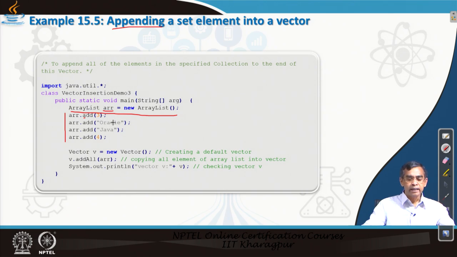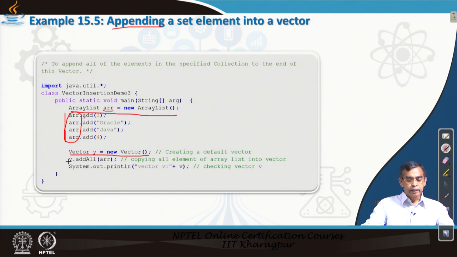Here these are the simple add methods that we can apply to the ArrayList collection. So we add 3, Oracle, Java, 4, so the ArrayList collection ARR is loaded here. Now we want to create a vector V. We initialize the vector with the default vector constructor. Initially the size is 10 and we do not have any elements right now. You can add V.add 3, 4, 5 or whatever, no issue.